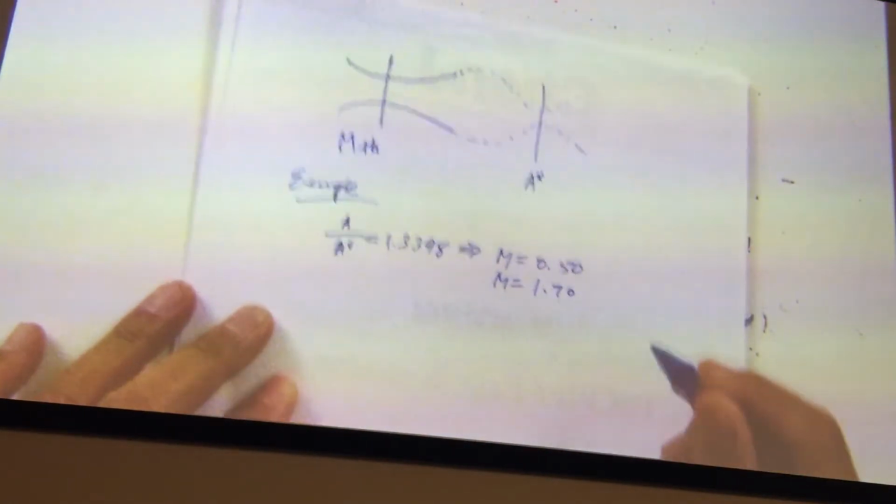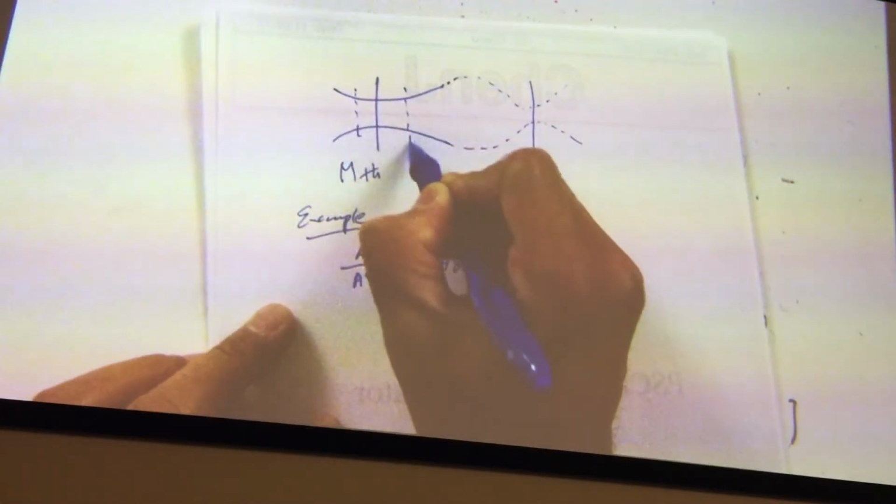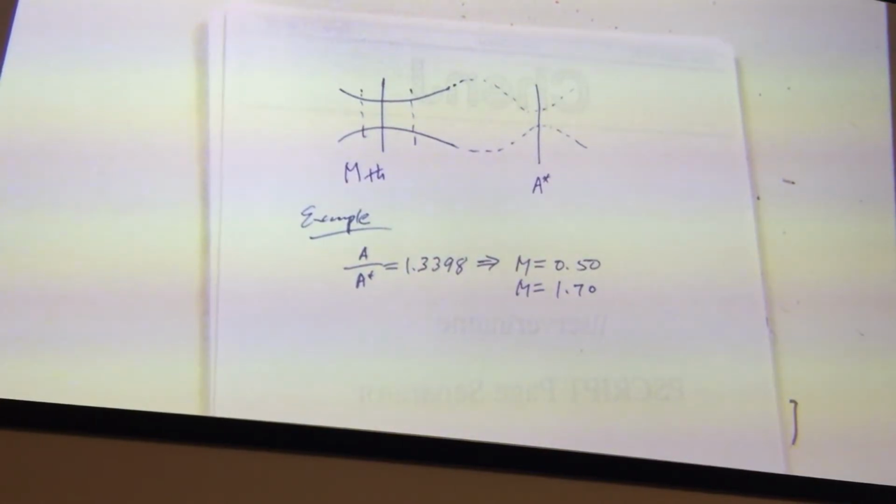If you think about it, you look at this location and this location, they're going to have the same area ratio, right? So if you think about it, in a nozzle flow that has M not equal to 1, the upstream and the downstream might have locations where the area ratio is the same.